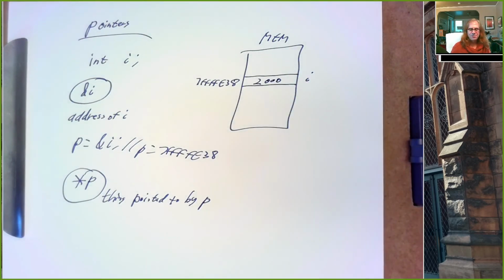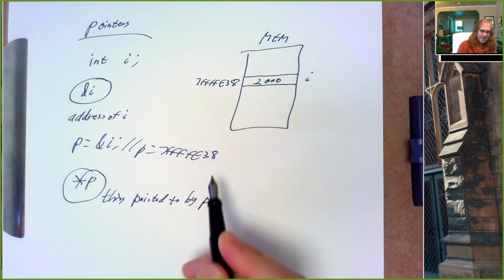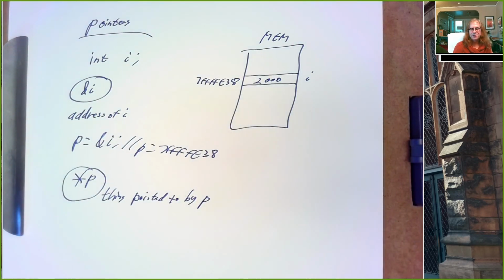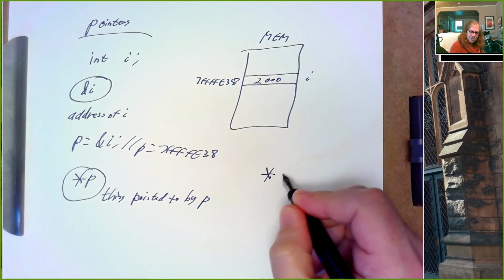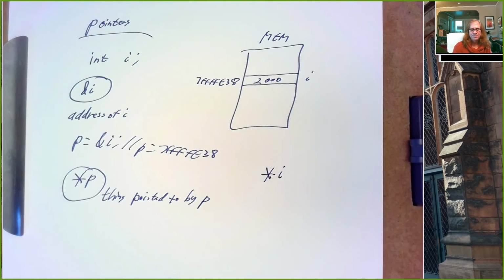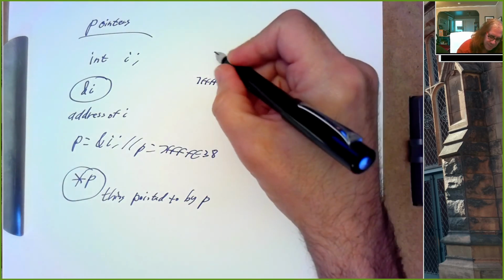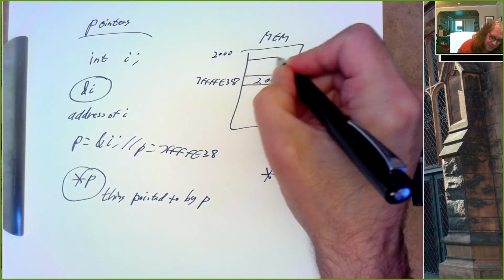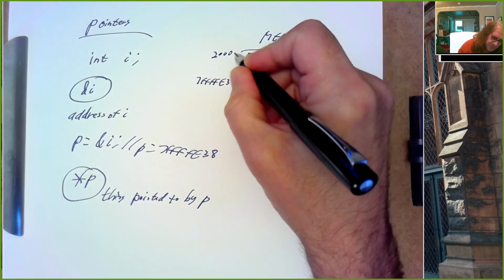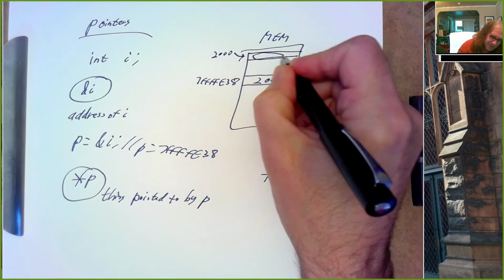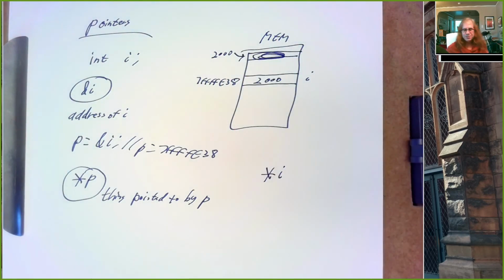So suppose I was equal to 2000. If I were to print ampersand I, I would get 7FFFFE3H. If I were to print star I, well, the system's going to go to memory location 2000, and whatever is stored there, that's what it's going to print.